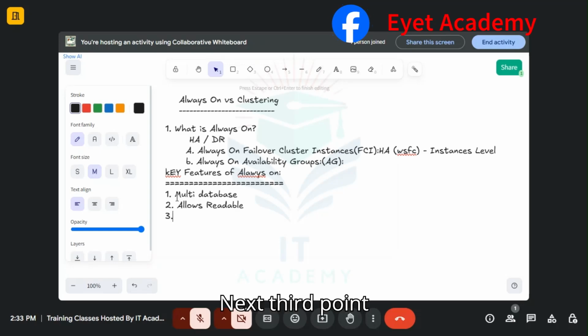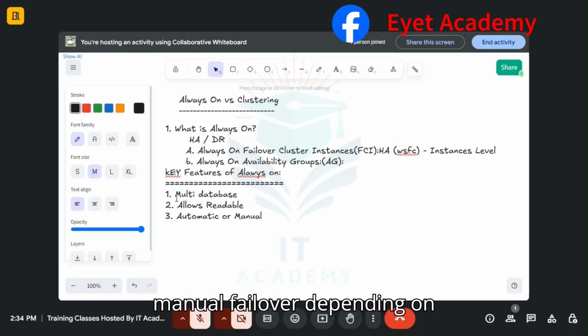Next, third point, it provides automatic or manual failover depending on configuration.